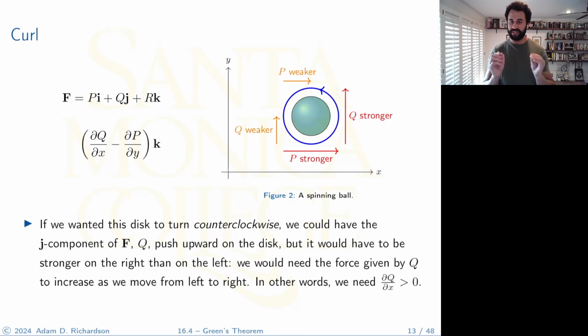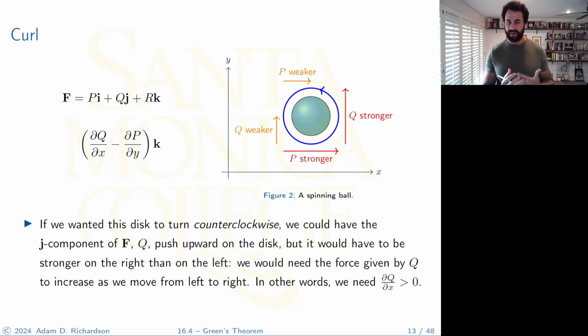So try to imagine this very intuitively. If I wanted the ball to spin this way, I could push on both sides, but I need the push on this side to be much smaller than the push on this side. And if the push on this side is larger, it'll make the ball rotate.